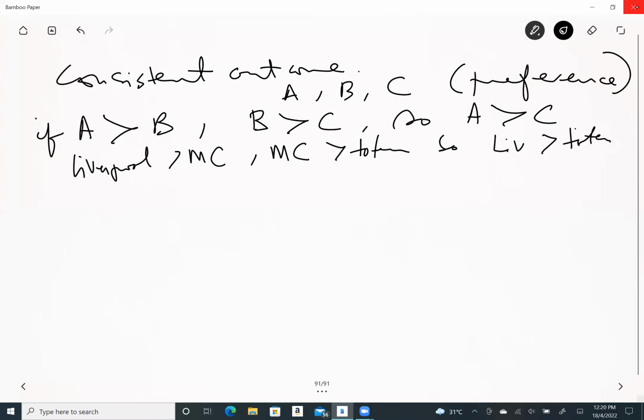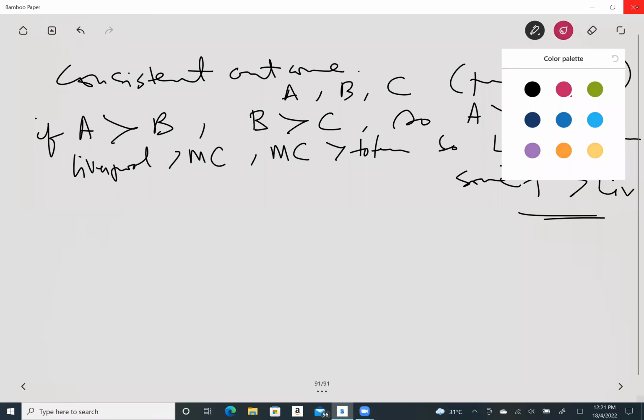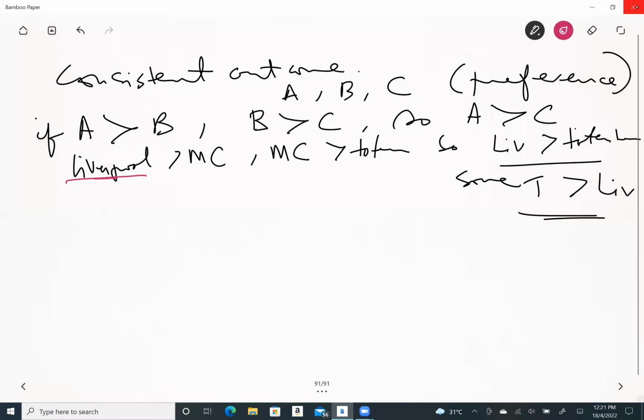But in football, it doesn't happen that way. Liverpool beat Manchester City, Manchester City beat Tottenham 6-0. But when Liverpool play Tottenham, of course consistency will require Liverpool beat Tottenham. But sometimes it doesn't happen that way. Sometimes Tottenham hammer Liverpool. Okay, so the first one is consistent. That one is consistent.